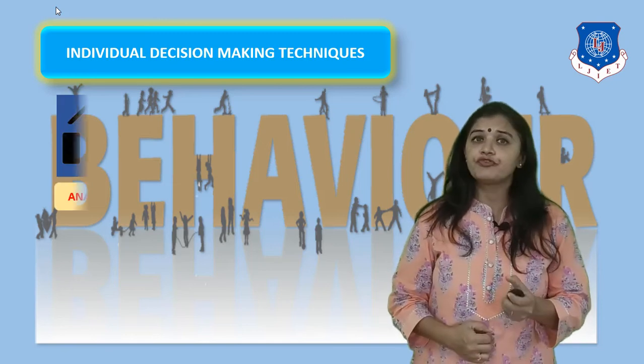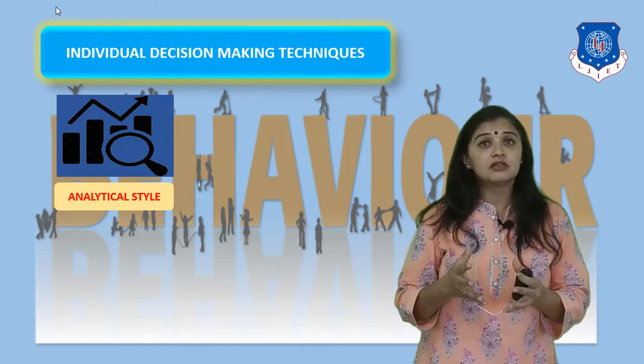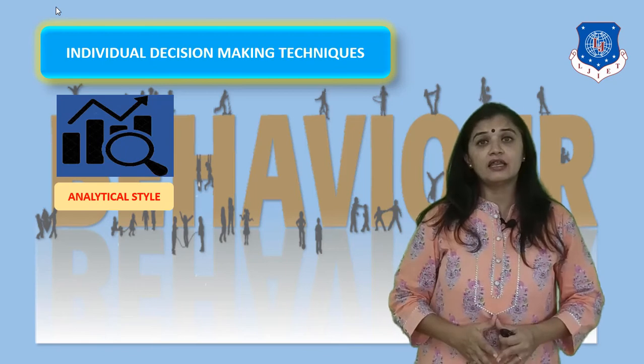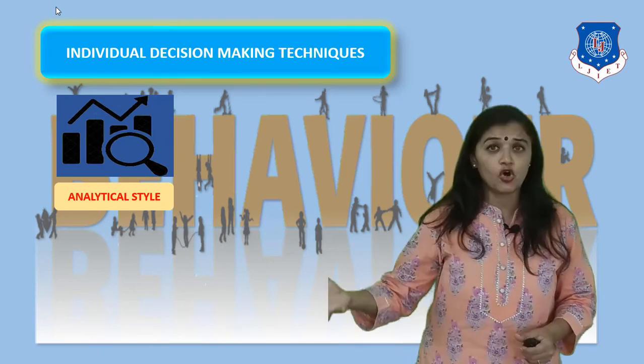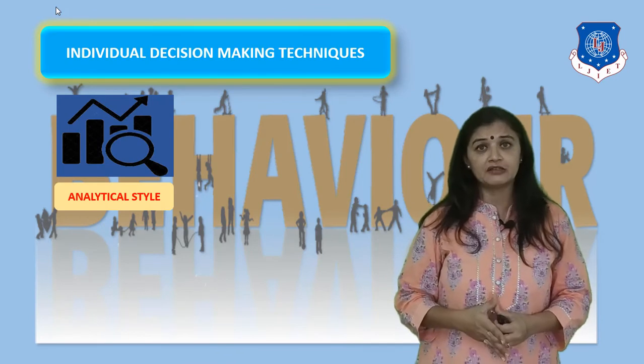when they have to take a decision all alone. The first method of individual decision making, or the individual decision making style, is the analytical style. The analytical style is the most common and the most understood style of decision making.